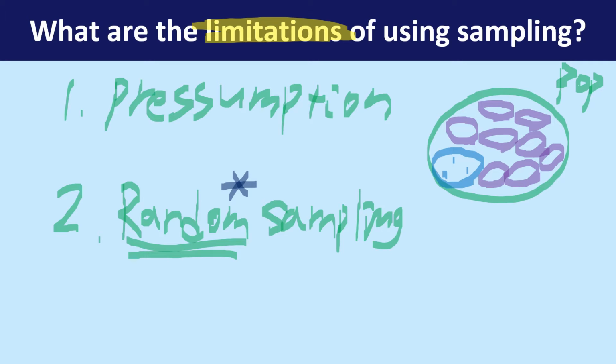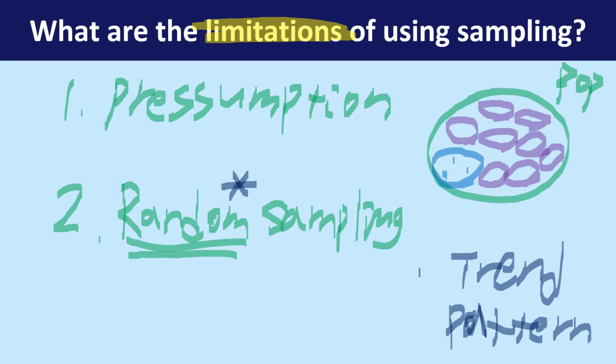However, does it always apply for the whole population? Sometimes we have something called trend and pattern. If the random sample that represents the whole population has a trend or pattern, then it can be a problem. It may not apply to the entire population. Or if the random sample doesn't have a trend or pattern, but looking at it holistically the population may have one, then that may not apply to the whole thing. So those are the possible limitations.